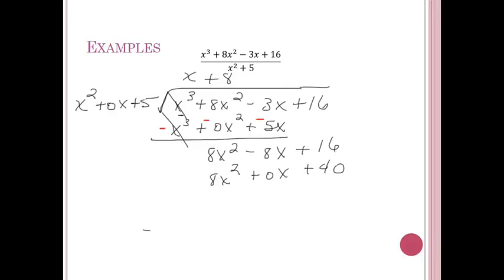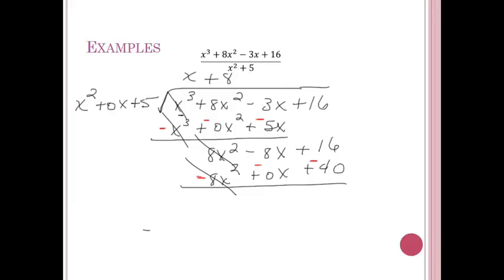Now, I'm going to change the sign of everything. So this becomes minus, this becomes minus, and this becomes minus. Now, we're going to add these things together. These should add to be 0 because you matched them exactly and then changed the sign.